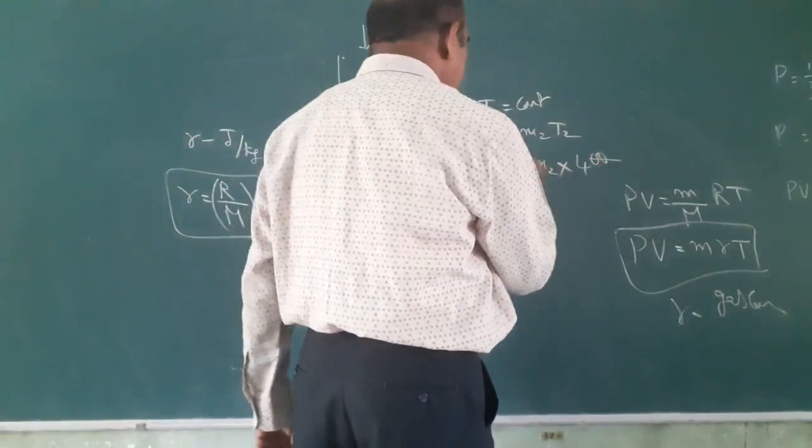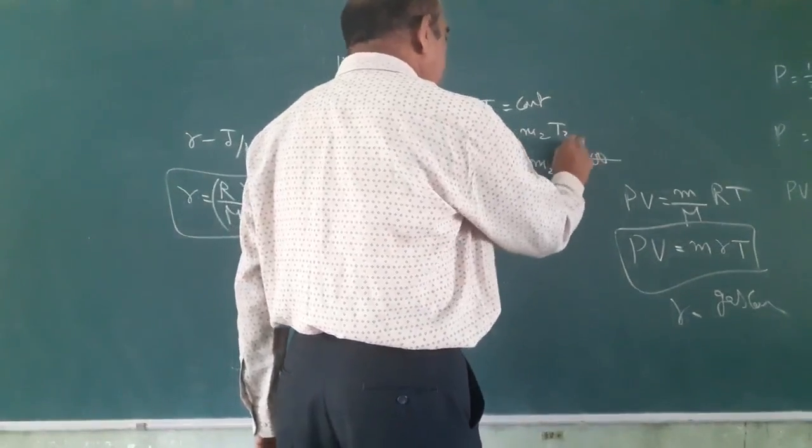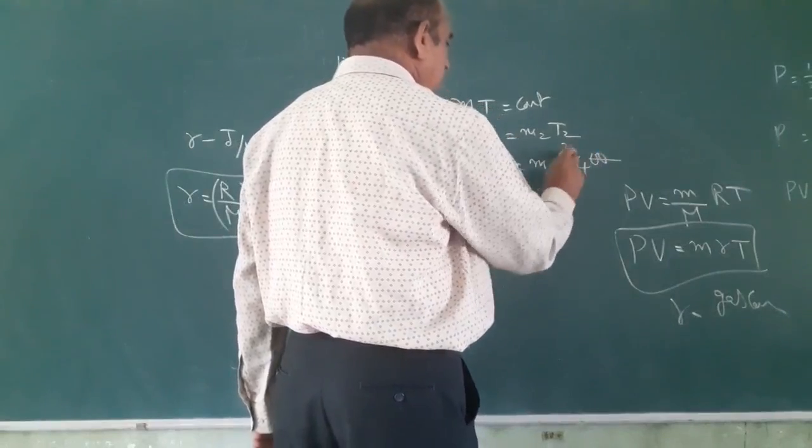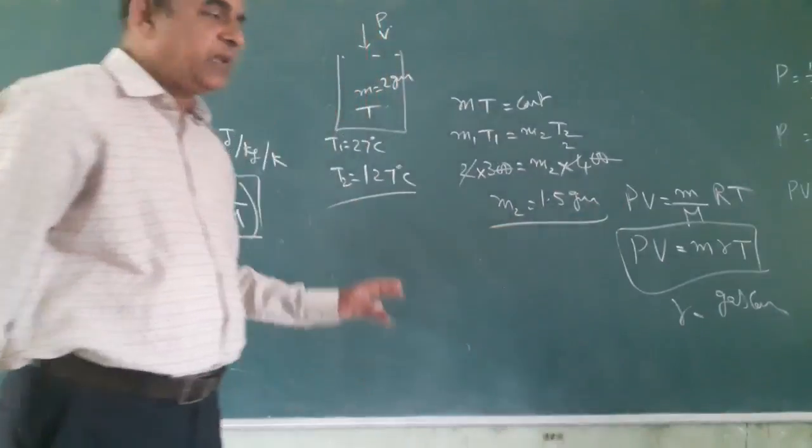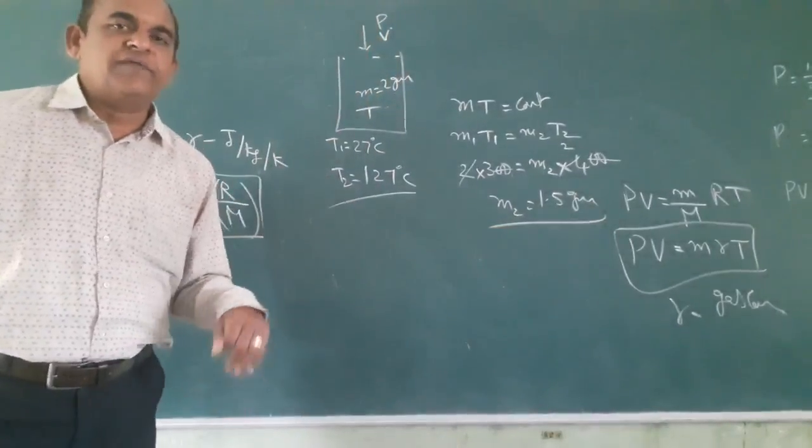Now the 2 zeros cancel, so m2 is equal to 3 by 2, that is 1.5 grams. The mass of gas remaining in the vessel is 1.5 grams.